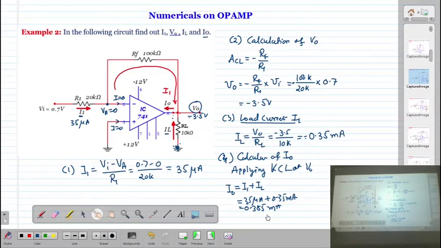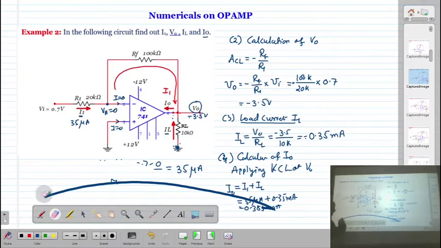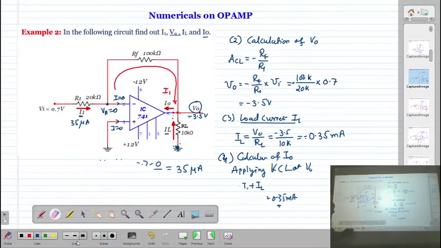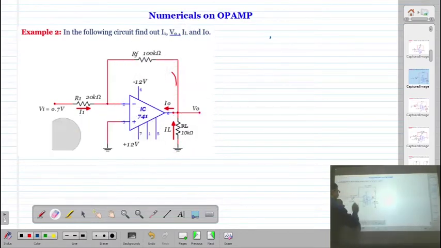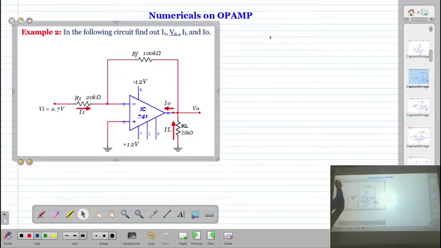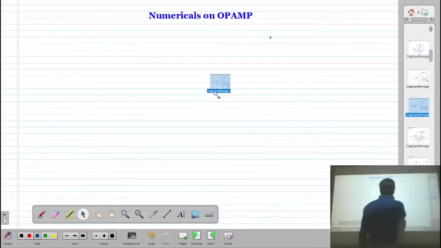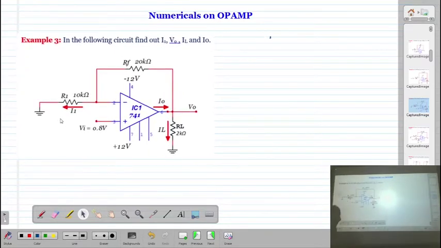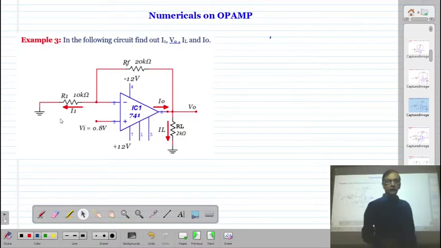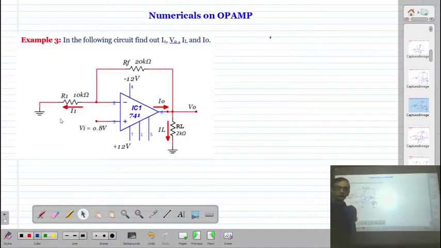Now look at another example. The same kind of example is there, but instead of an inverting amplifier, a non-inverting amplifier is given to you, and you can see the direction of all the currents.